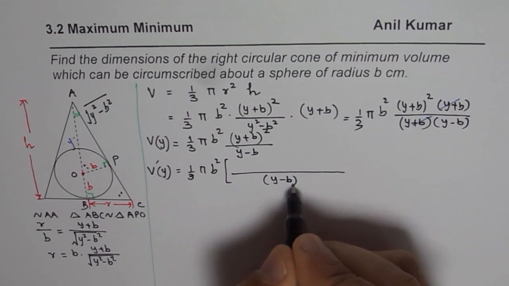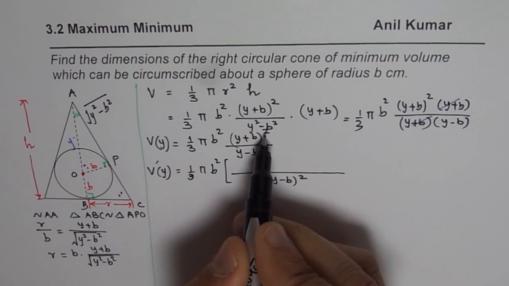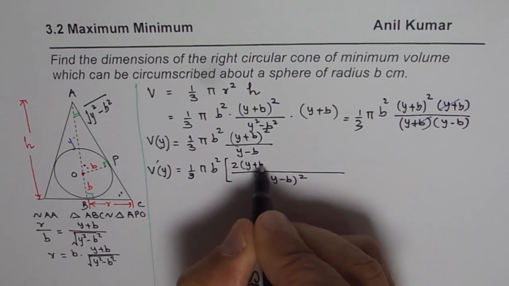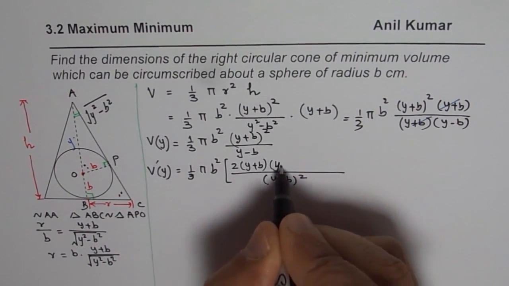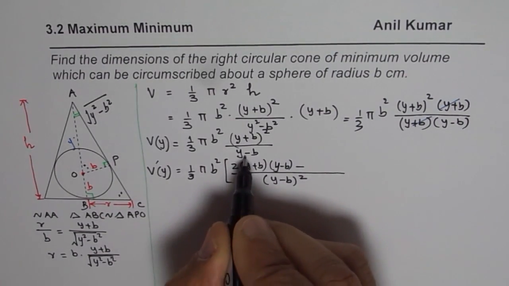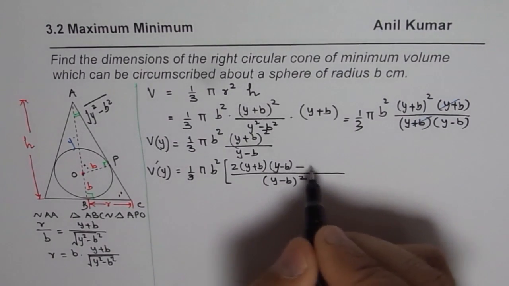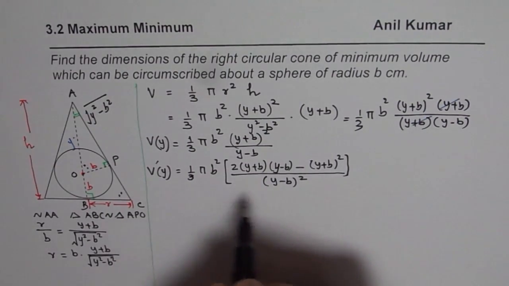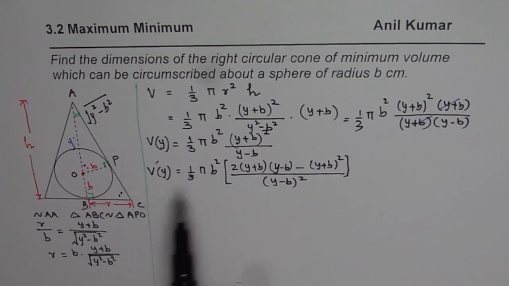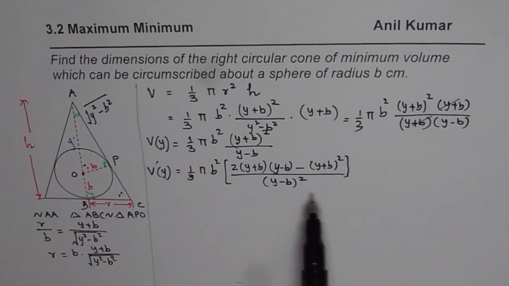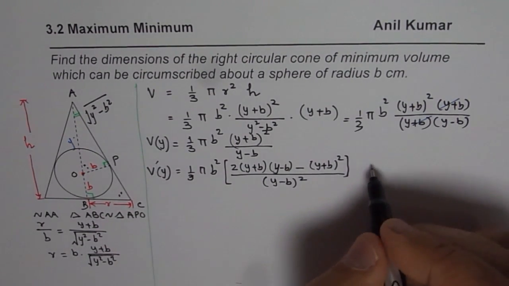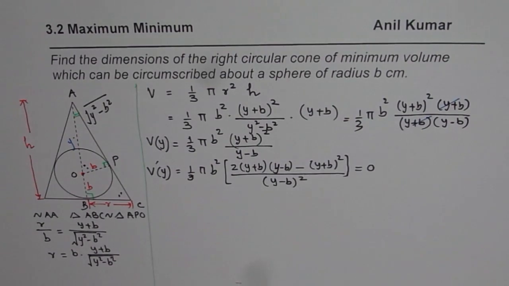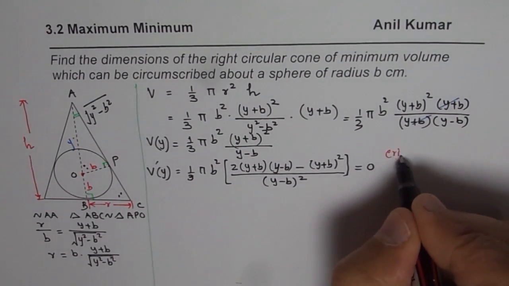So we get y minus b whole square in the denominator, and in the numerator, the derivative of the numerator, which is 2 times y plus b times y minus b, minus the derivative of the denominator, which is 1, times the numerator, y plus b whole square, right? Now, for maximum or minimum, we need to find the critical point, right? So the critical point is when this derivative is equal to 0. So that is how you can get the critical number.